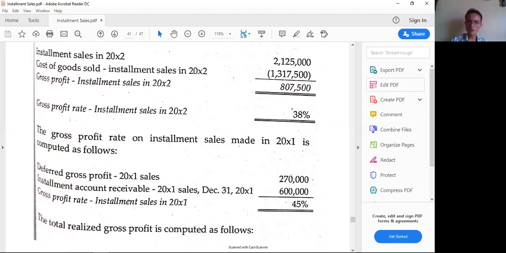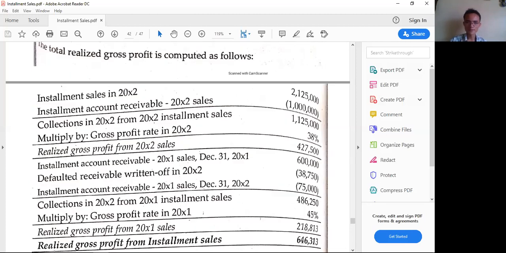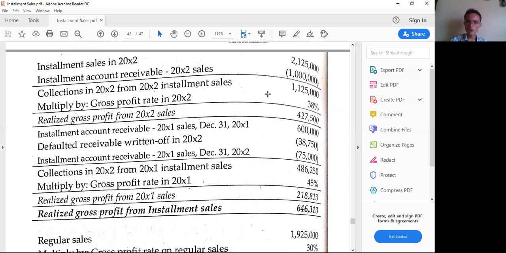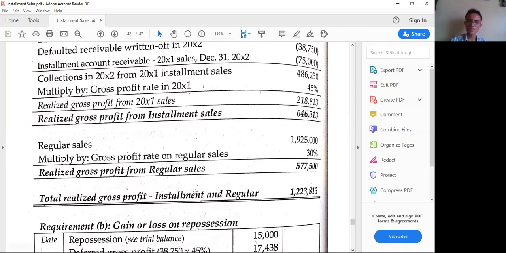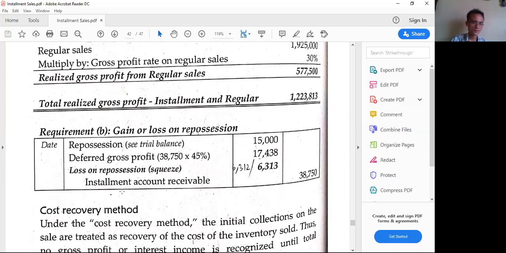Then we can compute the gross profit rates in current based on the classic formula, sales minus cost of sales equals gross profit. But for prior years, that would be DGP beginning divided by installment AR beginning. And for multiple years, then we are going to compute separately. If there are 2 years, so 2 sections for realized gross profit. If 3 years, 3, and so on. Then the realized gross profit total should be coming from installment and regular.